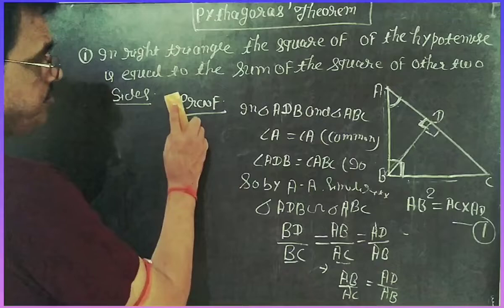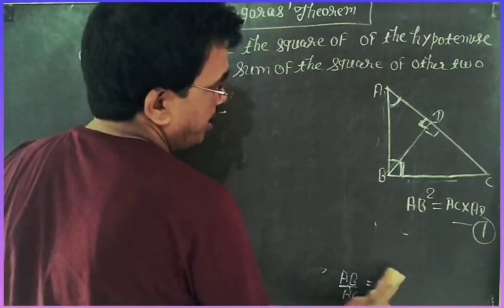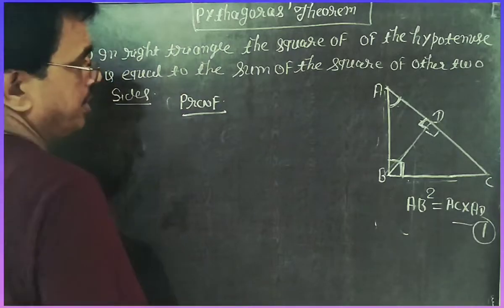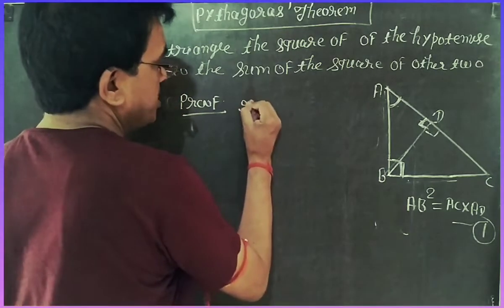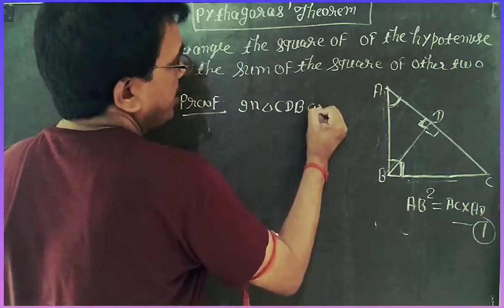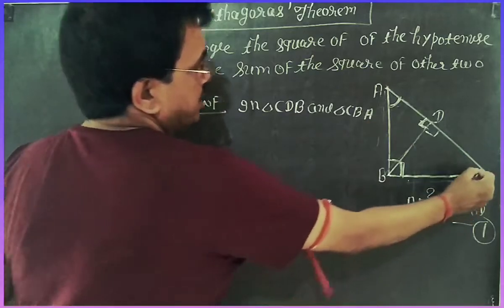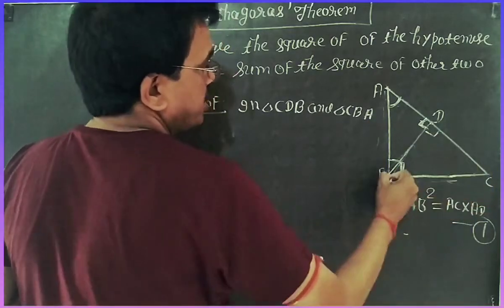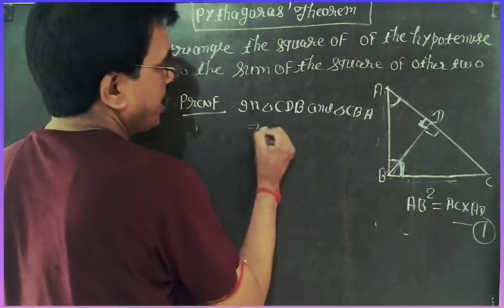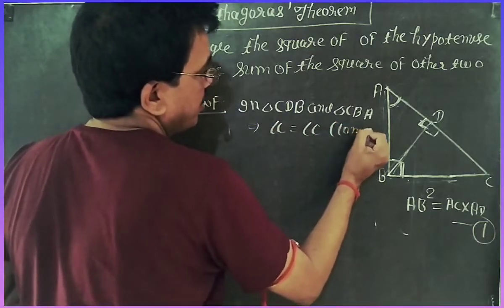Similarly, you write next a small triangle and the large triangle. So next small triangle is in triangle CDB and triangle CBA. CDB a small triangle and CBA large triangle. What is here? Angle C is equal to angle C. Both are common.